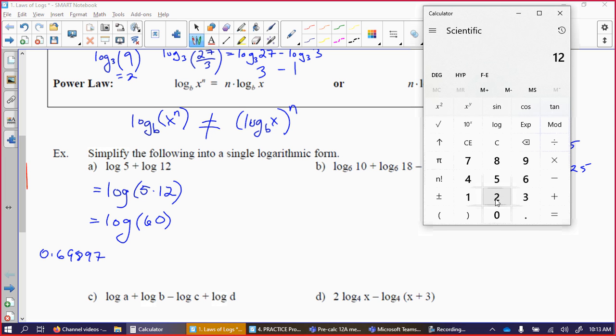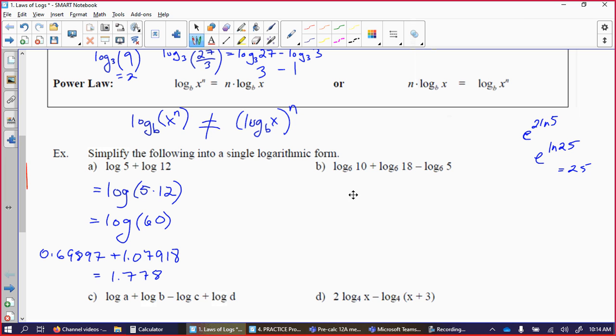The log of 12 is 1.07918 plus 0.69897. So that is about 1.778. Log of 60 is 1.778. There's some rounding error, but that's going to work out in your favor.